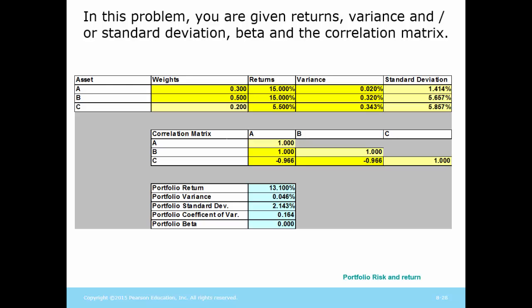So the correlation between A and B is 1. Between A and C is -0.96. And between B and C is also -0.96. Based on that, we end up with 3.1 as our return, and the coefficient of variation is 0.164.